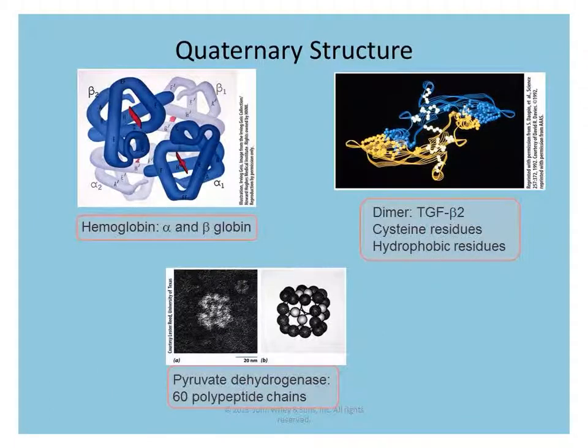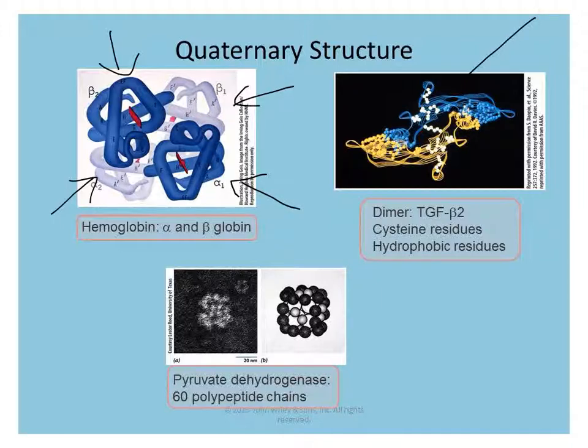Some proteins in cells also exhibit quaternary structure, and quaternary structure is ultimately where multiple monomers, single proteins, interact together in a larger protein complex. Hemoglobin is a classic example of quaternary structure. There are 4 different polypeptides that interact together to create a tetramer, 4 subunits, creating a larger functional complex, which is involved in carrying oxygen.